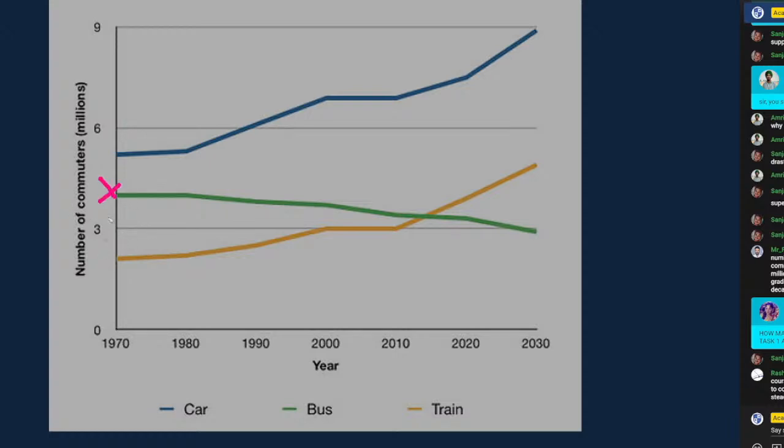They're more popular than trains. But then they gradually decrease, and at around 2015 they become less popular than trains, and that's expected to continue to 2030, at which time they will reach roughly 3 million. So they drop in popularity by about 1 million commuters overall. So that's what I want to report here and put it together with some nice words.